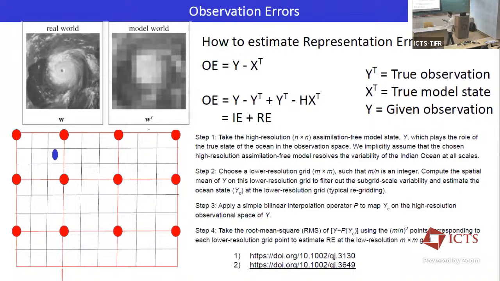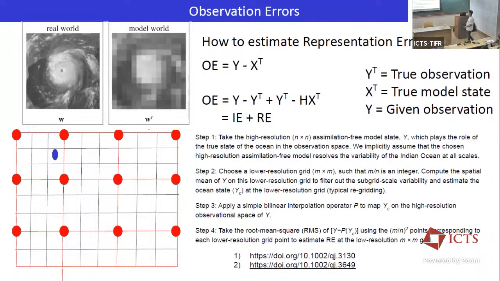For example, here, these grids are 1 by 12 degree grids, and you can find another grid by these large red dots. The grid represented by these large red dots is a low resolution grid, and this mesh is a high resolution grid. Now I run my model at the high resolution, so I have an estimate at each of these grid points from that high resolution model, correct?